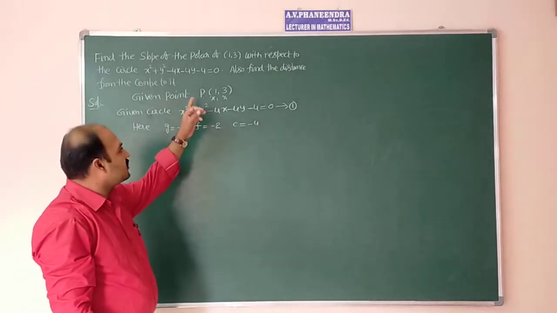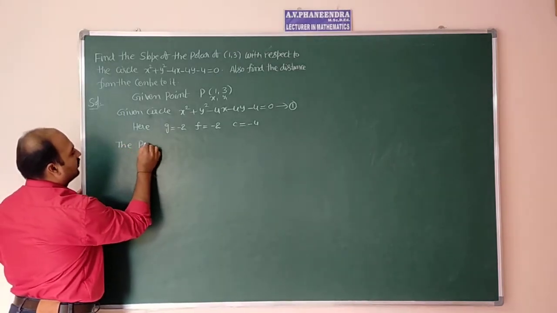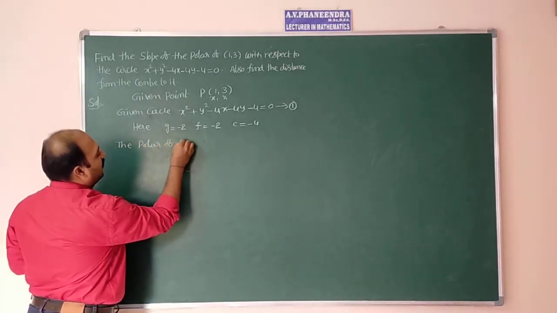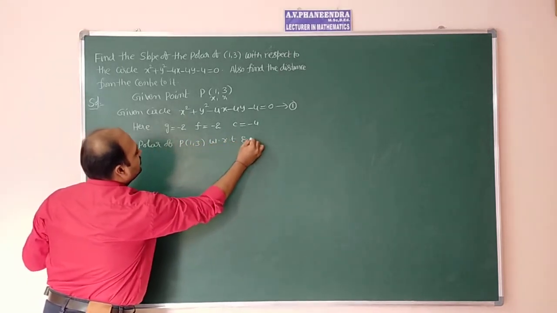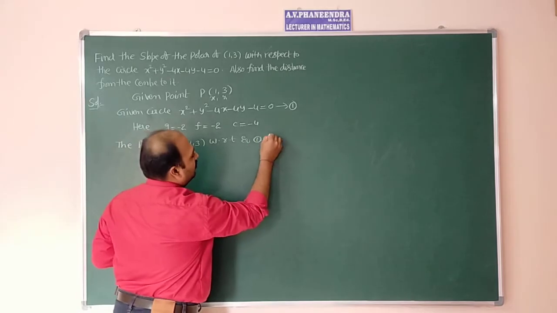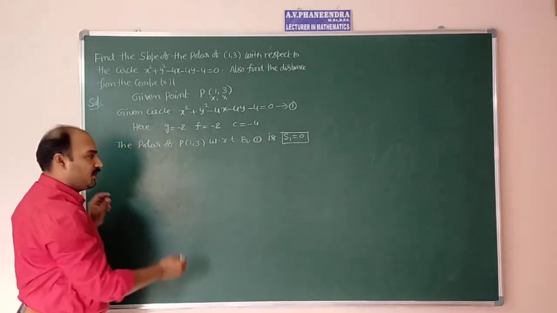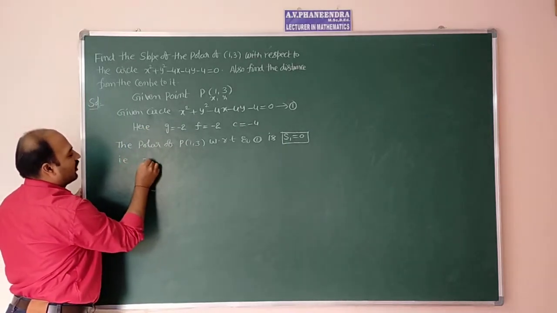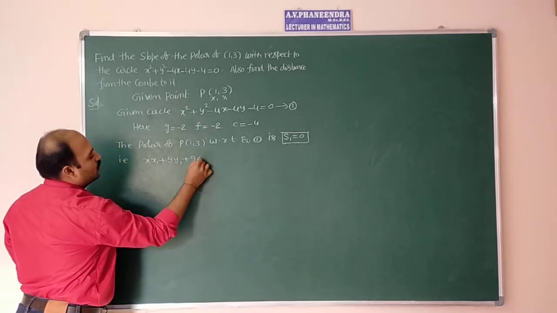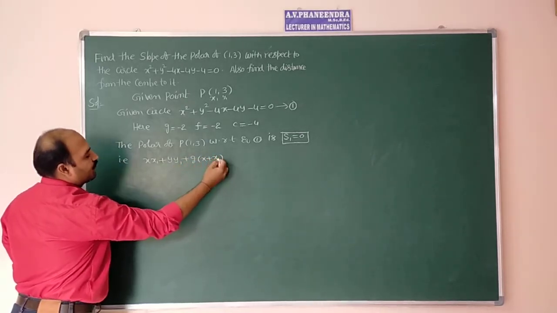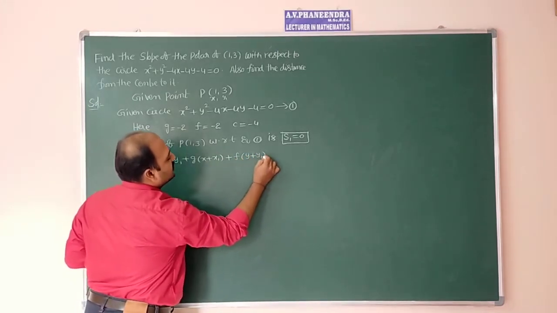Now the polar of this point with respect to this circle. The polar of P, that means (1, 3), with respect to equation 1 is S1 = 0. We know the formula for S1, that is xx1 + yy1 + g(x + x1) + f(y + y1) + c = 0.